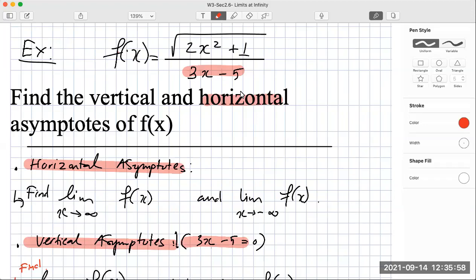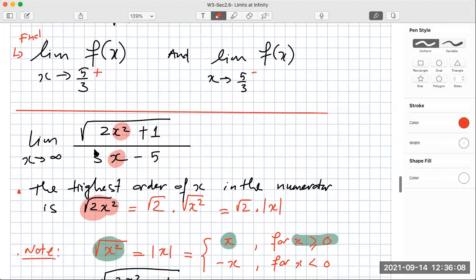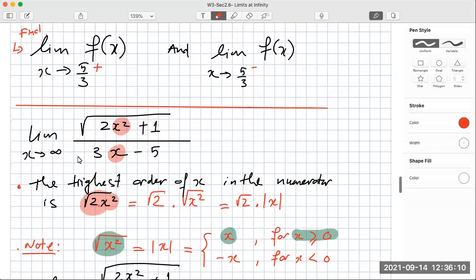And in order to find that, we find the limit of this function as x goes to infinity or negative infinity. Yesterday, we were finding the limit of this function when x goes to infinity to find the first horizontal asymptote. And here, the tricky part is this radical sign.